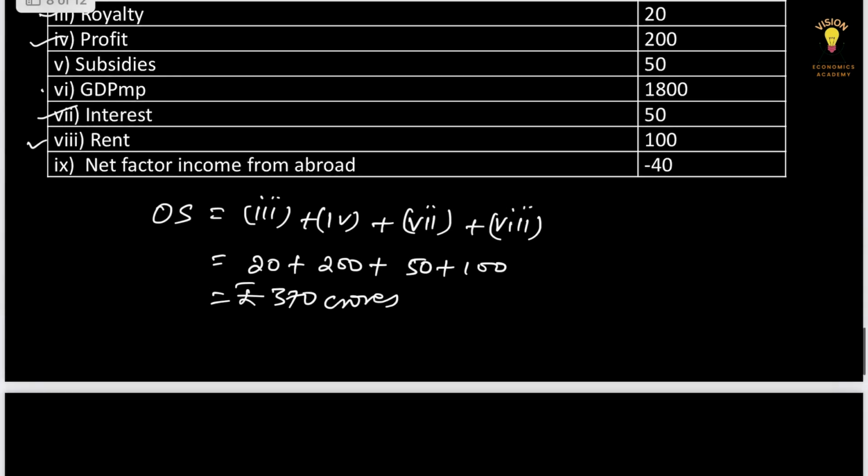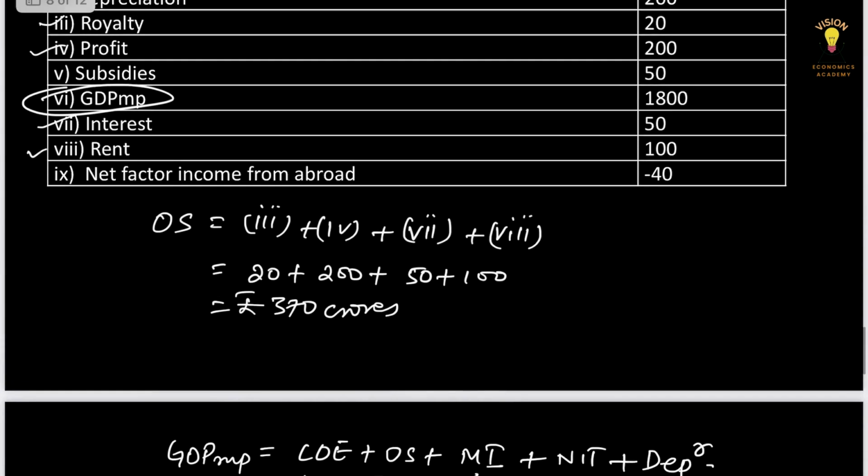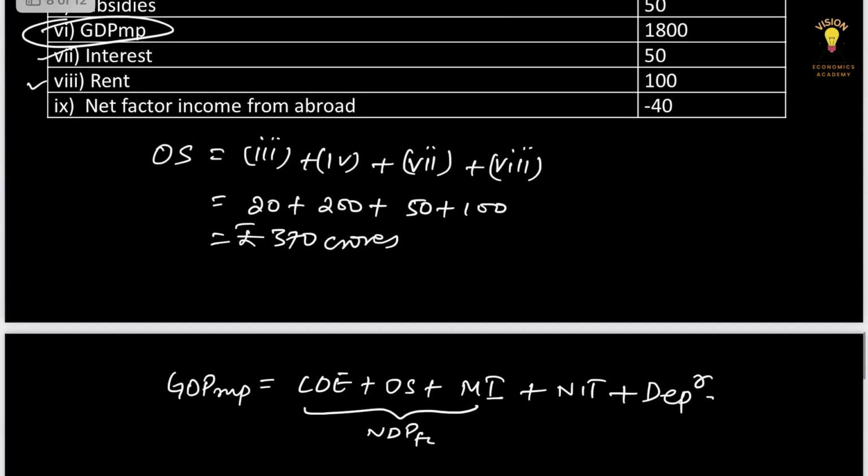Now GDP-MP is given. We need to find compensation of employees. GDP-MP equals compensation of employees plus operating surplus plus mixed income of self-employed, which will give us NDPFC. From FC to MP plus net indirect taxes, and from net to gross is plus depreciation. Therefore we'll just put the values now.